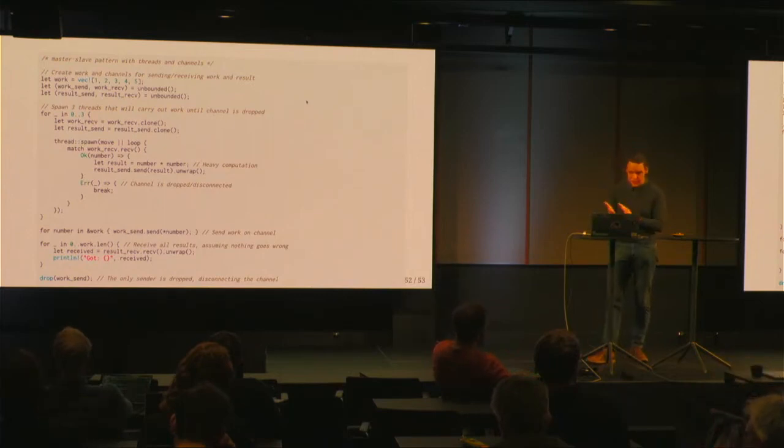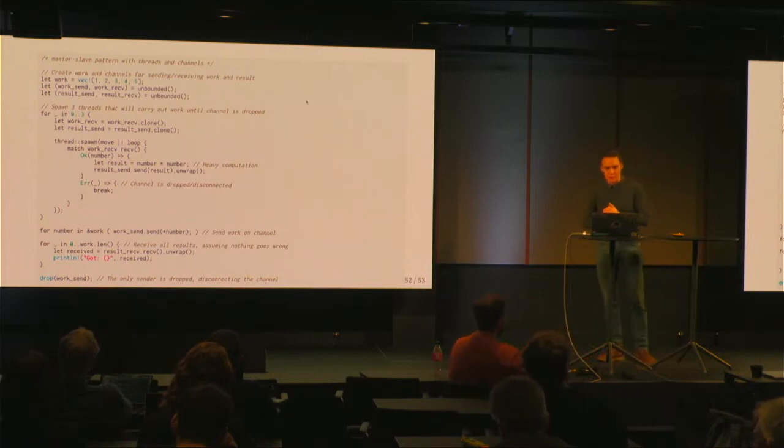Then we create a work channel and a result channel. Then we spawn 3 threads with a for loop. Each thread has the receiving part of the work channel, because it wants to get work, and the sending part of the result channel, because it wants to send the results.